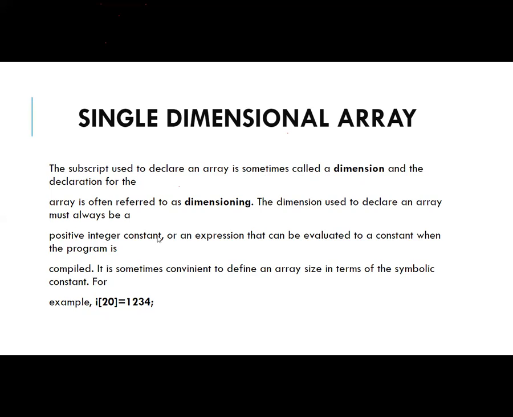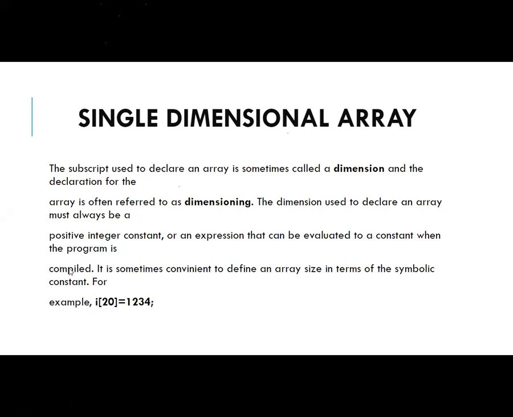And how do you write the subscript? In square brackets. The dimension used to declare an array must always be a positive integer constant. That means whatever value you write in the square bracket as a subscript will be a positive integer constant.